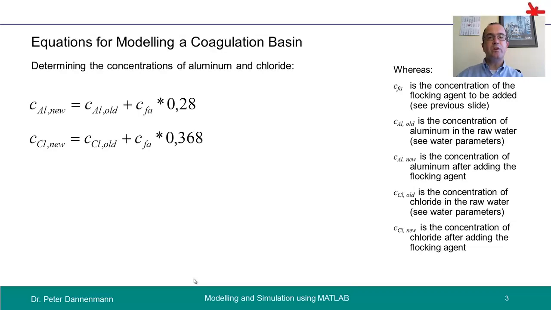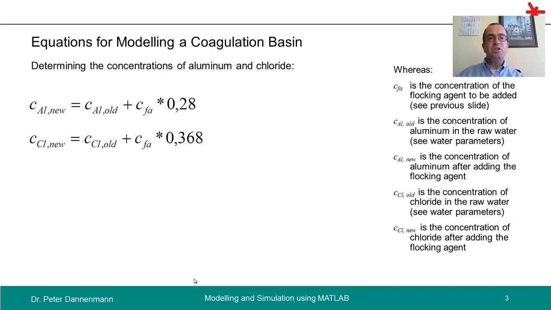Thus, we compute the concentration of aluminium in the water depending on the added amount of flocking agent as follows. The concentration of aluminium in milligrams per liter is computed by multiplying the concentration of the flocking agent, also in milligrams per liter, by 0.28. By adding the flocking agent to the raw water, the aluminium adds to the one that is already contained there.